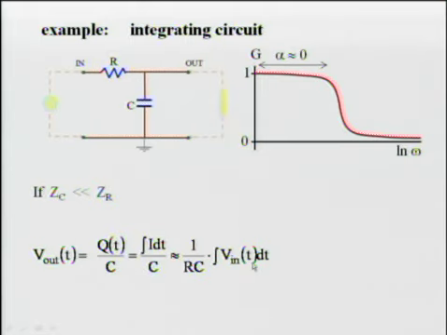Well, I get a relationship now between output voltage and input voltage. Output voltage is proportional to the integral of input voltage. And because of that, we call it an integrating circuit.